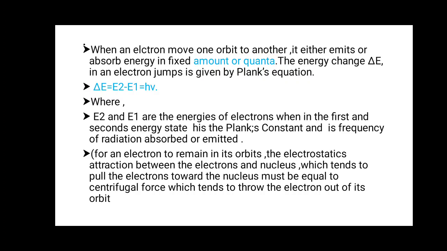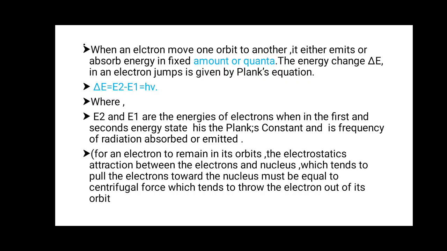The energy change, delta E, in an electron jump is given by the Planck equation, delta E is equal to E2 minus E1, or h nu, where E2 and E1 are the energies of the electron in the second and first energy states.